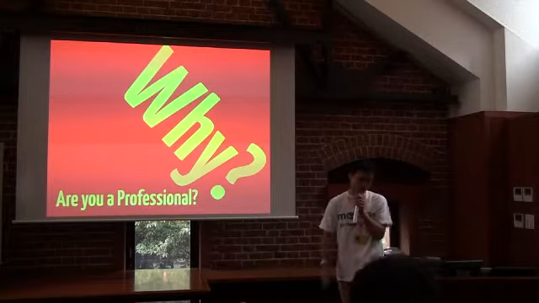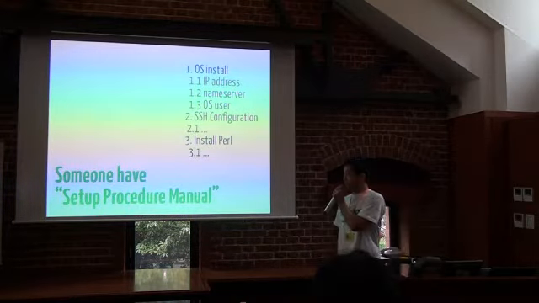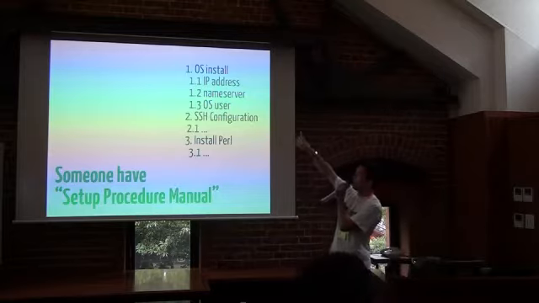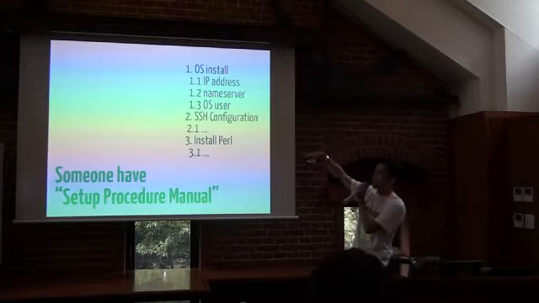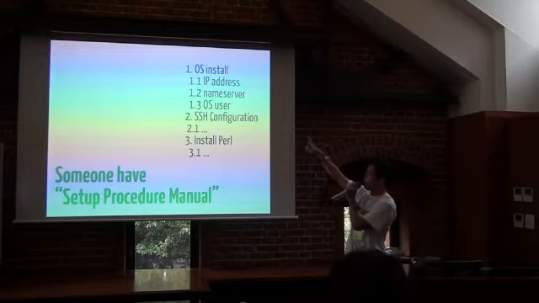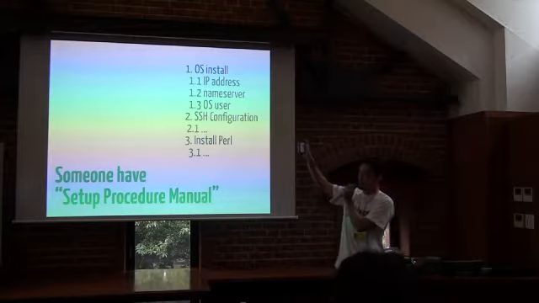Are you a professional operation engineer? So someone had a setup procedure manual. So there's a manual, a table of contents of the manual. First, OS installation. When the OS is installed, you set the IP address following this rule, then servers or users.